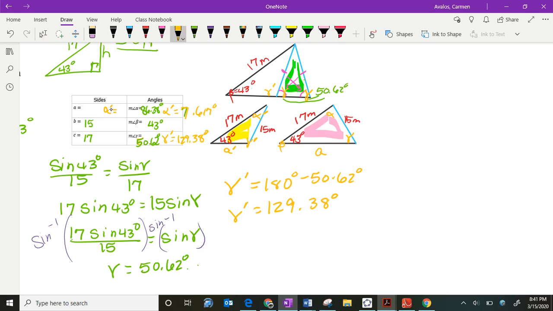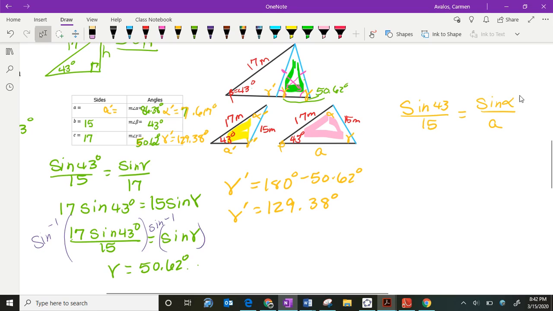So here we should have stored the angle of alpha in there, and so then we would be able to find the sine of 43 degrees over 15. That's equal to the sine of alpha from this triangle, all over A, which is what we want to solve for.